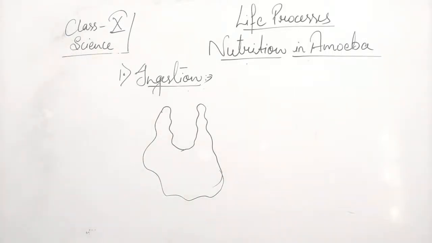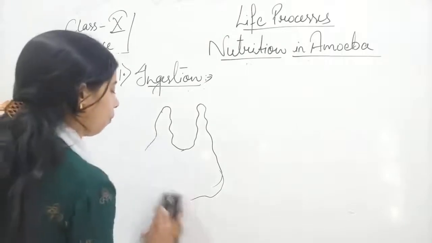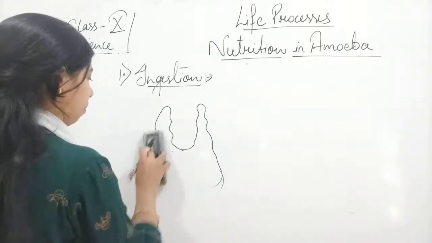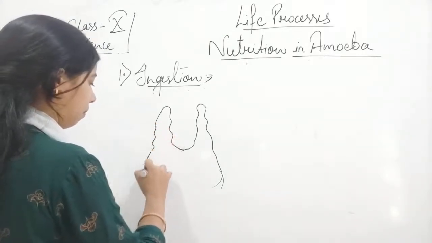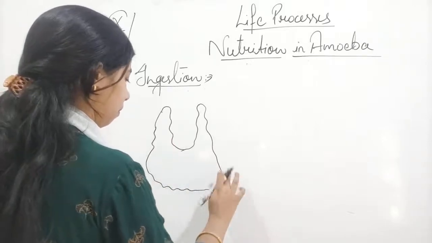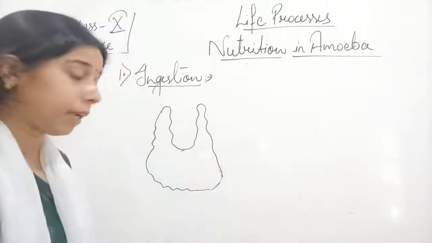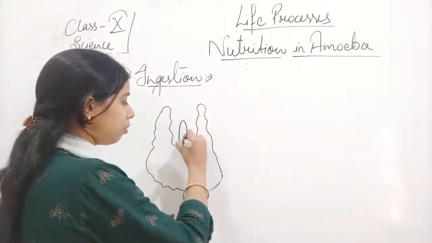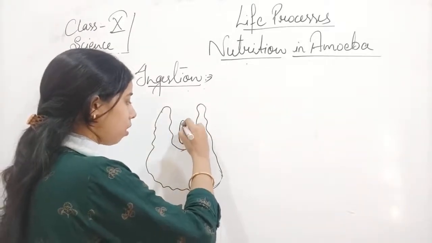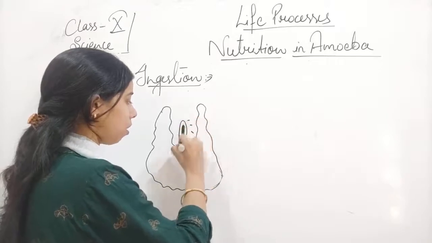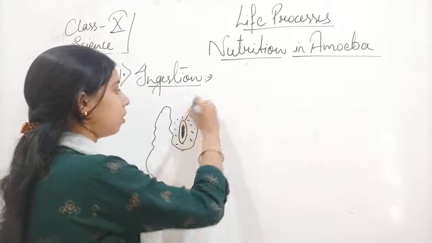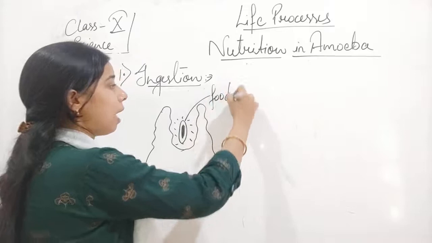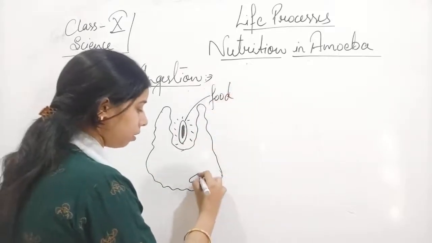Students, when the food particle reaches the amoeba, this is the food one, and here there is a nucleus.